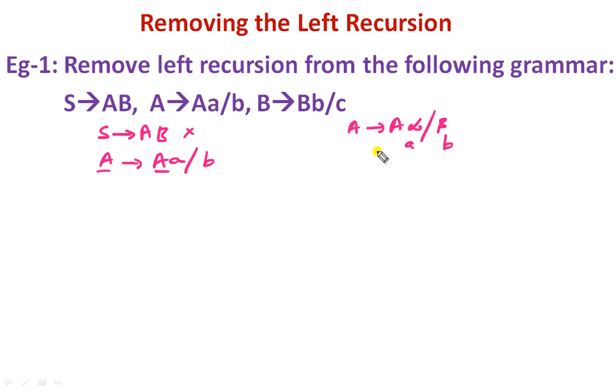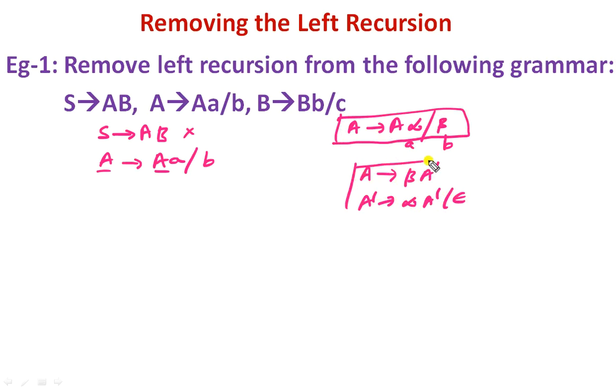If such a production rule is there, then how can we convert it? A generates beta A dash and A dash generates alpha A dash or epsilon. We have just seen this recently. Whenever a production is in this particular format, then we can generate two new production rules like this.